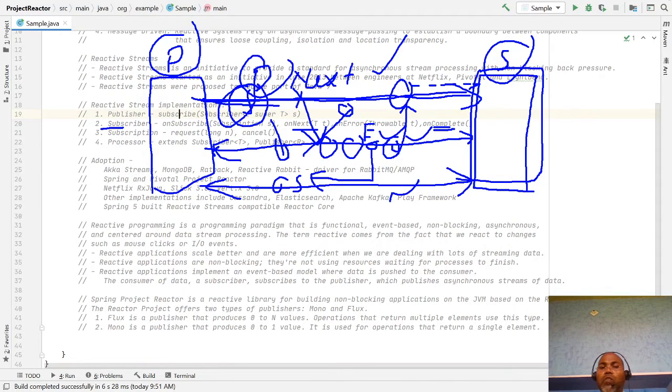That means there is no blocking call. Any number of requests can come and the system can serve them. All calls between systems or components are non-blocking, so your system is capable of handling a high volume of data, and all the communication also happens in an asynchronous manner.